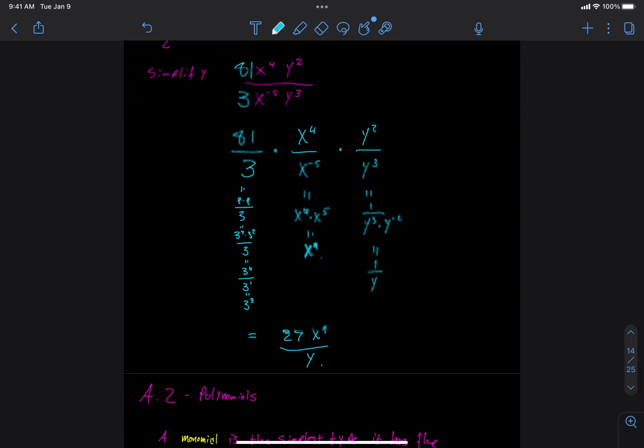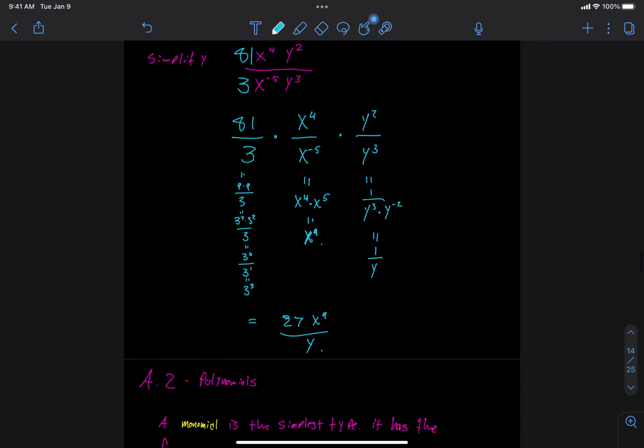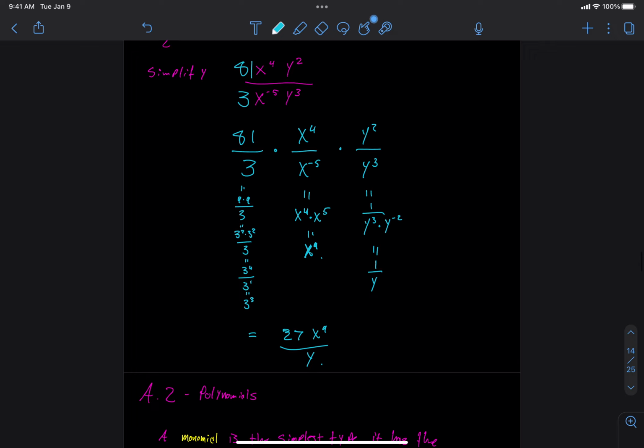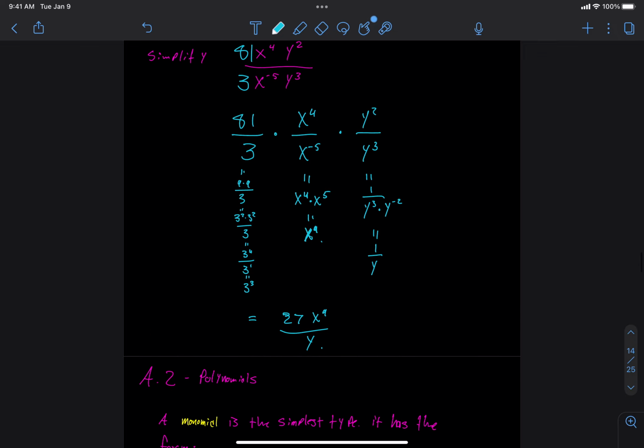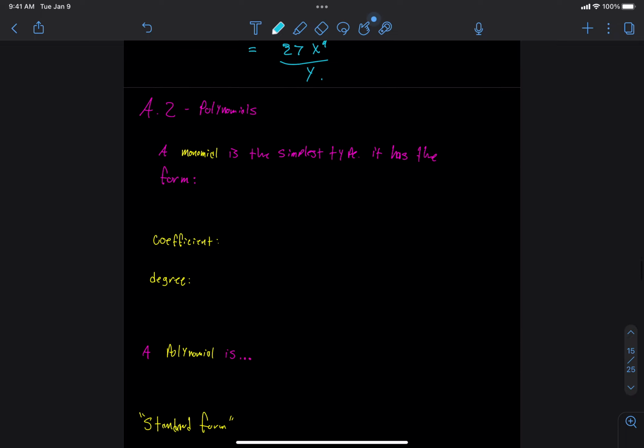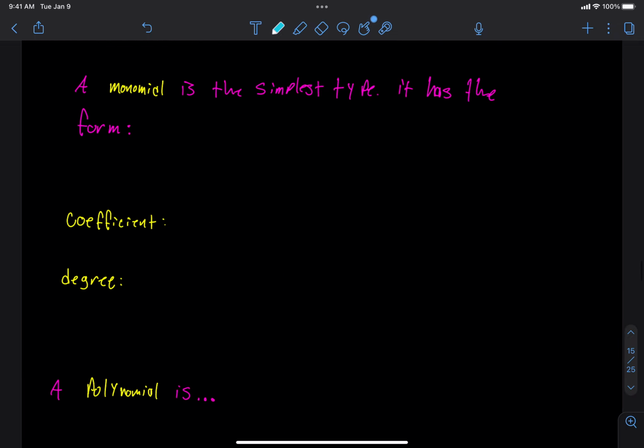So you might want to get a little extra practice in before we move on to more complicated things. Questions about this one before we move on to something new? Okay, cool. Then we'll move on to polynomials.